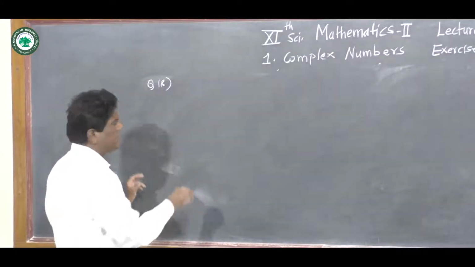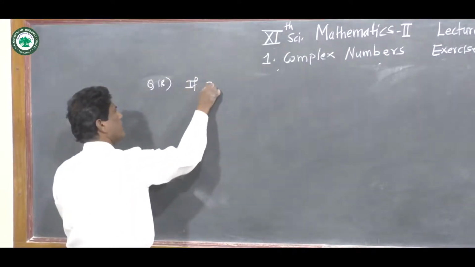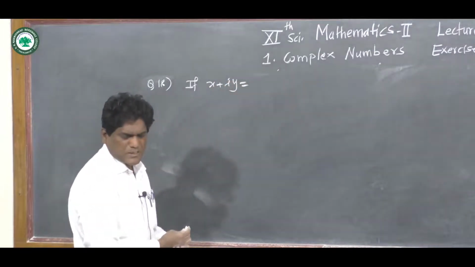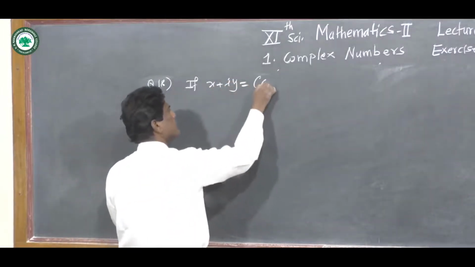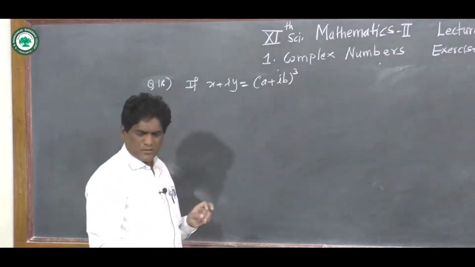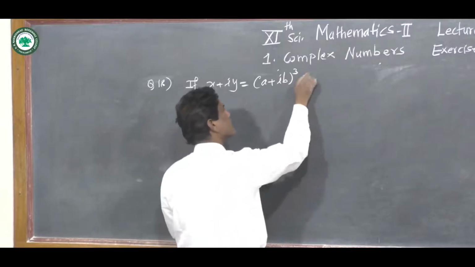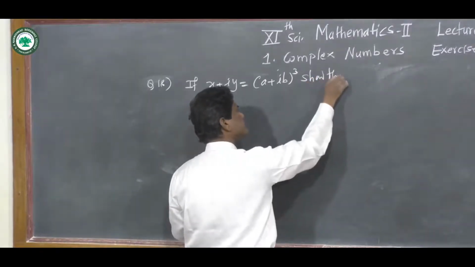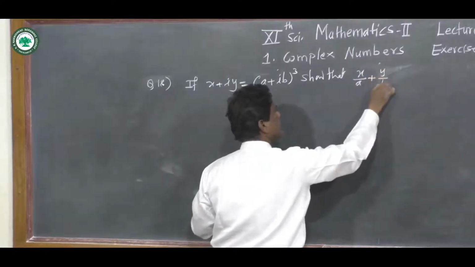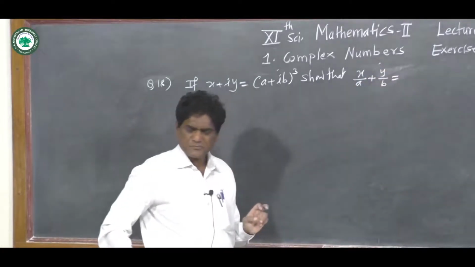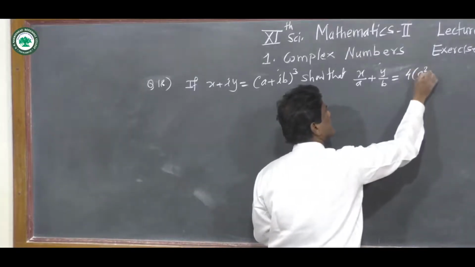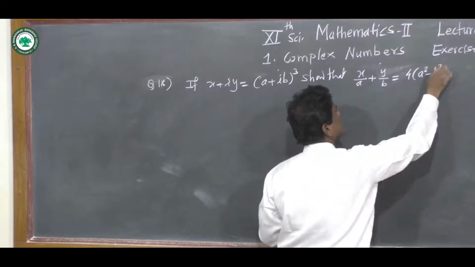If x plus iy is equal to (a plus ib) to the power 3, show that x upon a plus y upon b is equal to 4 times (a square minus b square).